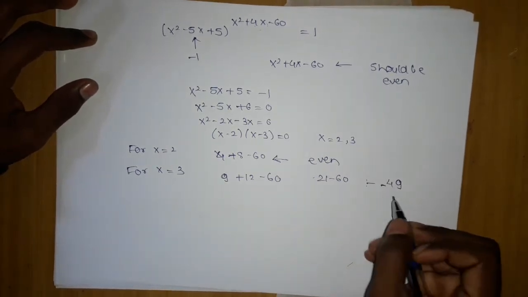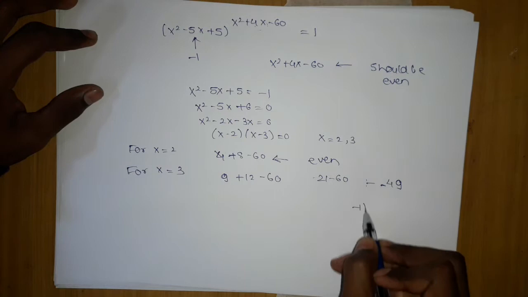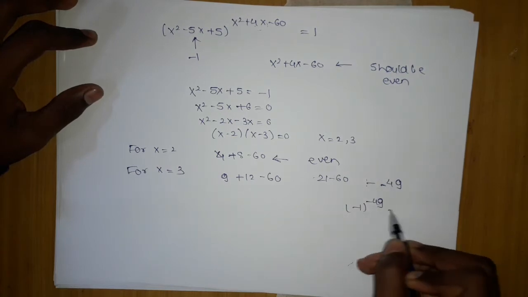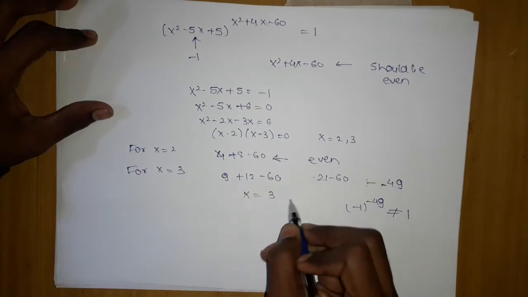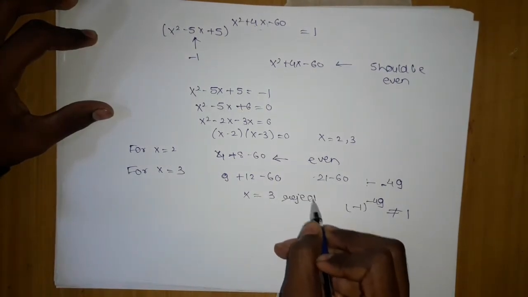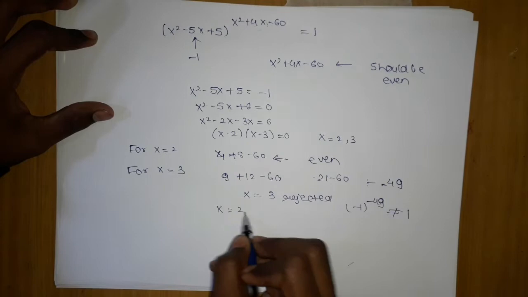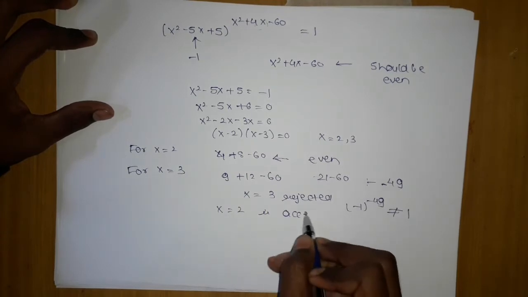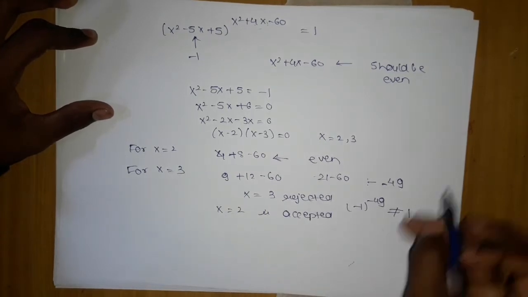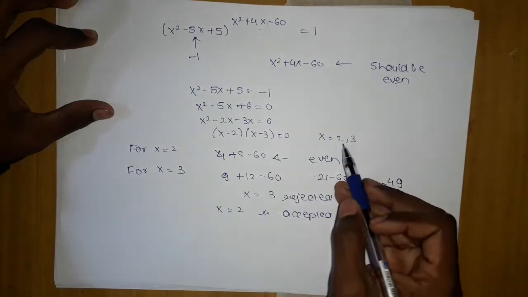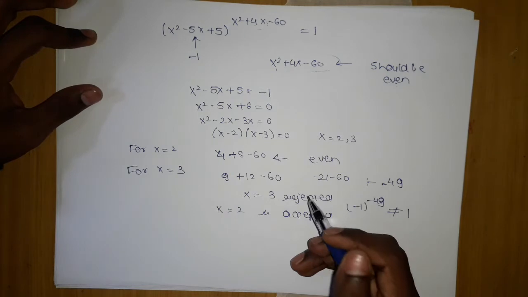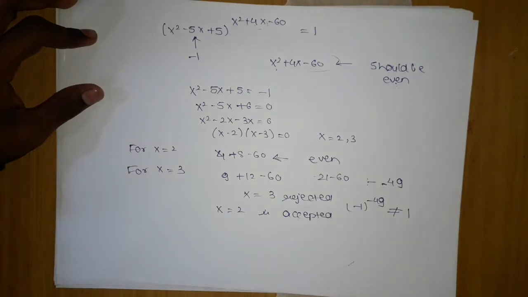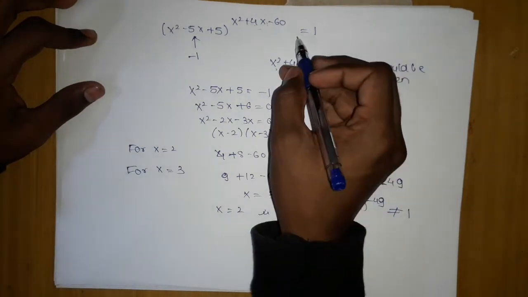Minus 1 to an odd power will not be equal to 1, so we will reject x equals 3, while x equals 2 is accepted, because it makes the power even, and minus 1 to an even power becomes 1, so it satisfies the condition.